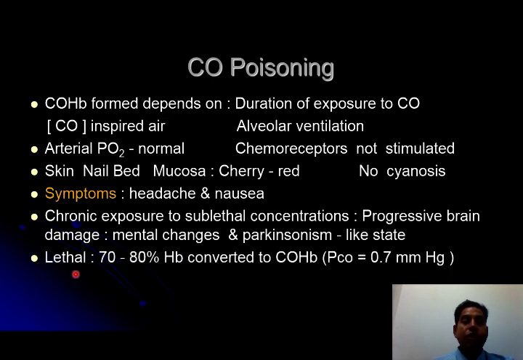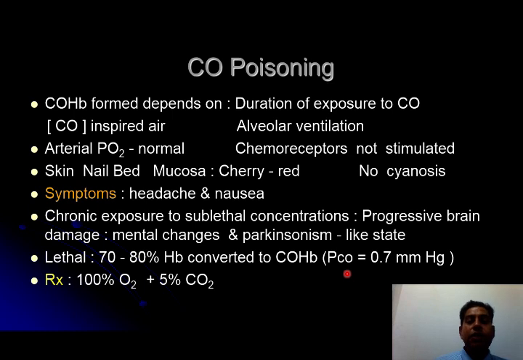Lethal concentrations occur when 60 to 70% of hemoglobin is converted into carboxyhemoglobin, and the treatment is 100% oxygen with 5% carbon dioxide. Now, the reason for giving this 5% carbon dioxide is that carbon dioxide is a very potent stimulant for respiration.